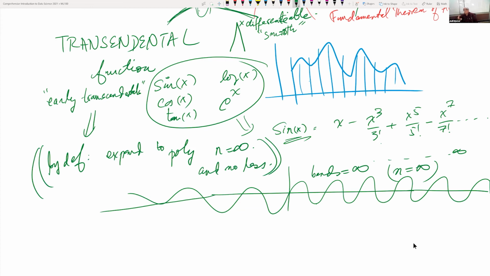That is literally the definition of transcendental functions. But then you may say, oh, who cares? Some people have transcendental functions, but I'll get along using polynomials. So why should we care about transcendental functions? Anyone?